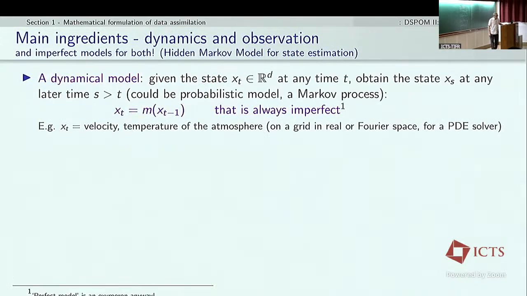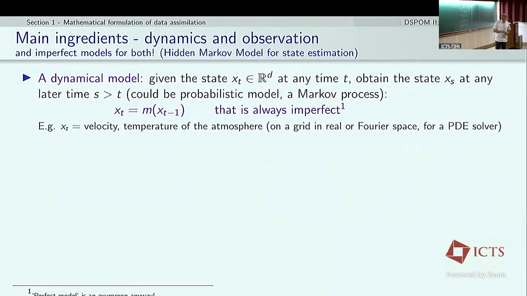So, what's the mathematical framework? The mathematical framework is here. We start with a dynamical model, which is either an ordinary differential equation, which we have now studied, or a stochastic differential equation, or just in general a stochastic model.